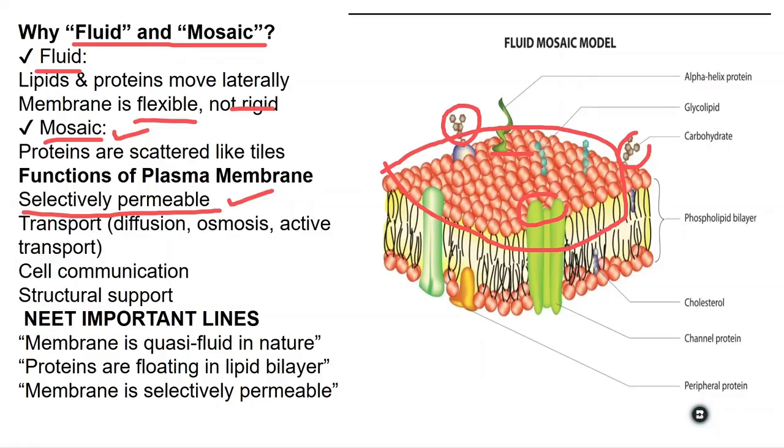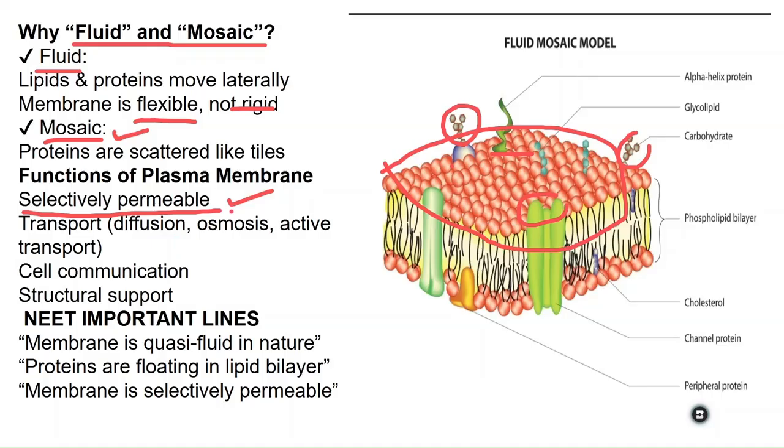So here what is it doing? It is selectively permeable. That means it is allowing the substances as and when they complete the concentration gradient. Till the concentration gradient is equal, it will allow. Once it is sufficient, then it will stop, right?